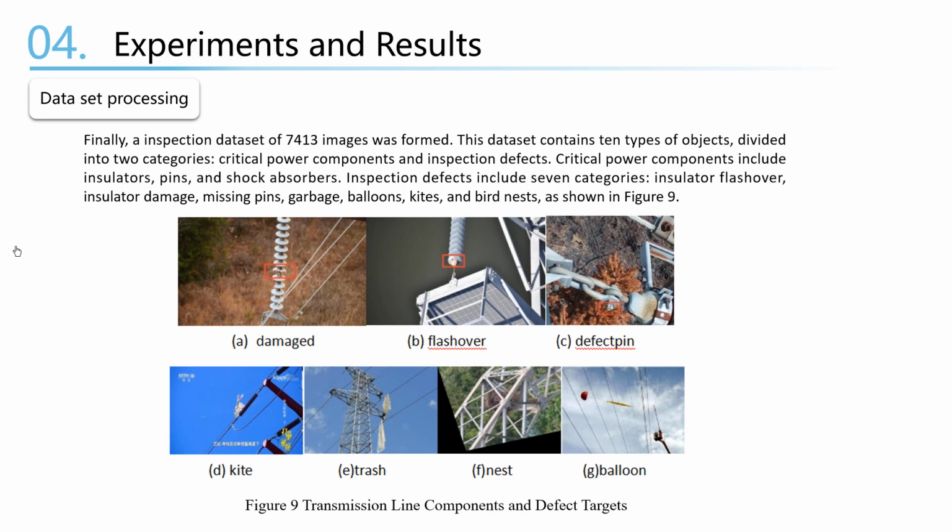Critical power components include insulators, pins, and shock absorbers. Inspection defects include 7 categories: insulator flashover, insulator damage, missing pins, garbage, balloons, kite, and bird nest, as shown in Figure 9.